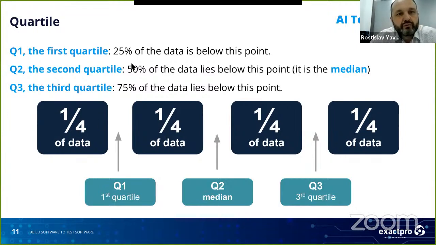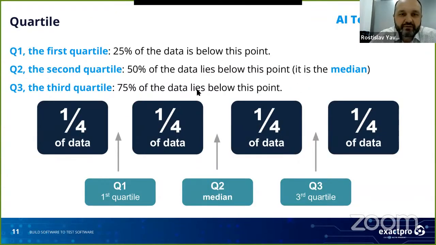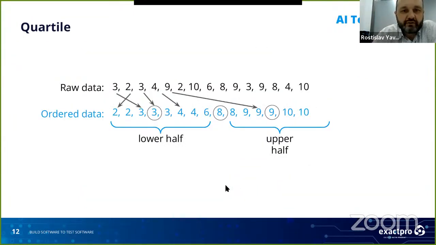So Q2 is the value such that 50% of the data lies below this point, and another 50% is above. And then the third quartile is a point such that 75% of the data lies below this point. So first one, second one, and third one. Usually people don't use the term second quartile because median is the more typical term, but actually the median is the same as the second quartile.